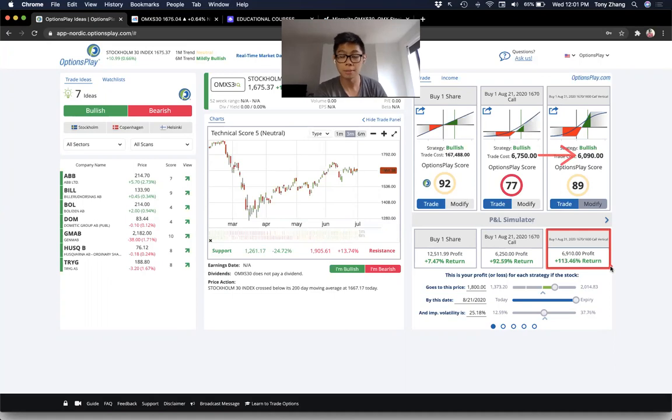And by controlling the amount of money you risk and reducing it, you do increase your returns if you are correct on the underlying trade. So this is really how we can utilize options to our favor to get the payoff graphs that we're looking for. Now, I want to show you what happens if you say to yourself, I don't think OMX S30 is going to get all the way up to 1800.